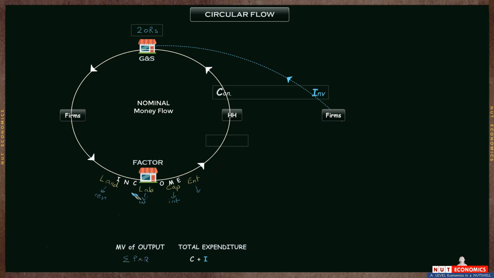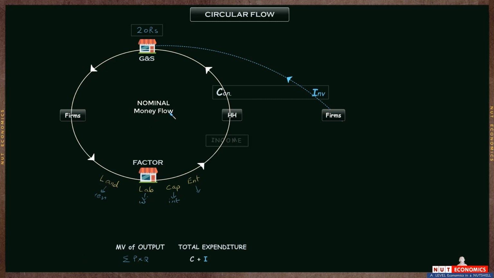We assume that all of the country's resources are owned by the households. So all of these incomes, whether they are rents or wages or interests or even profits, the resource of entrepreneur also we assumed is owned by the household. So all of these incomes flow back, we say, to the household. So this gives us a nominal analysis of the money flows between these two sectors of this hypothetical macroeconomy.